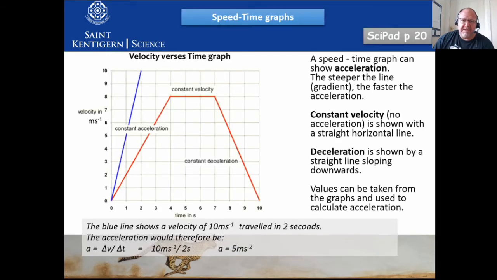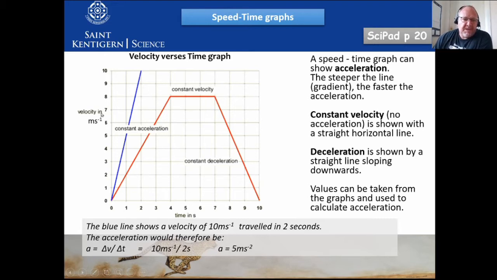All right, welcome back. So now we need to talk about velocity time graphs or speed time graphs, and you'll find this information in your SciPad page 20. So for velocity speed graphs, whenever you get a graph, the first thing you need to check is what they are comparing.